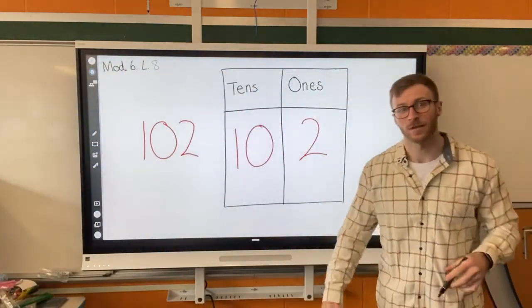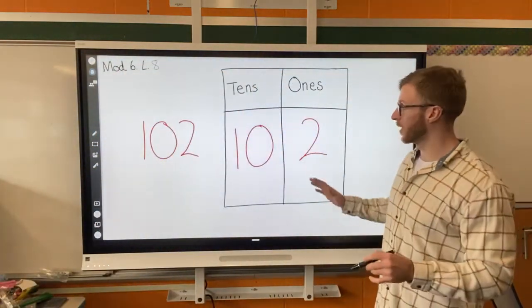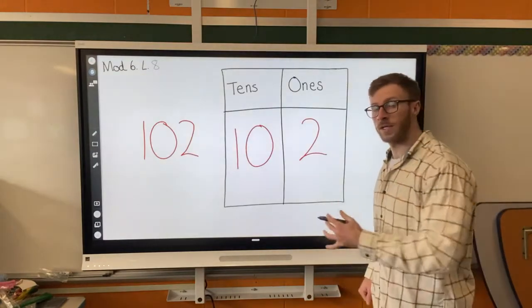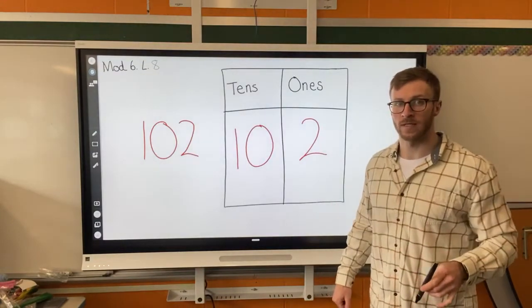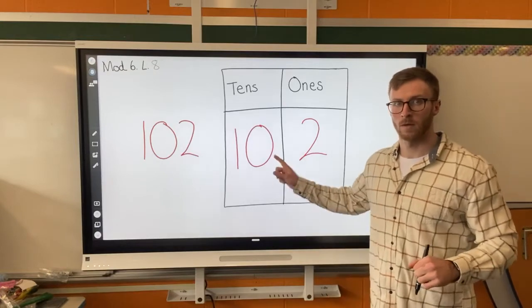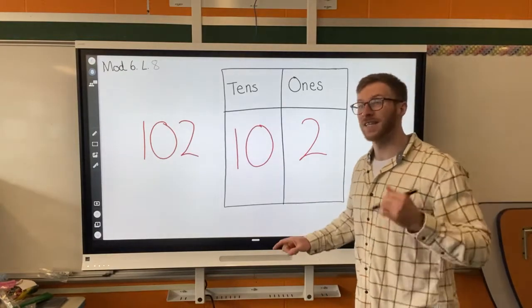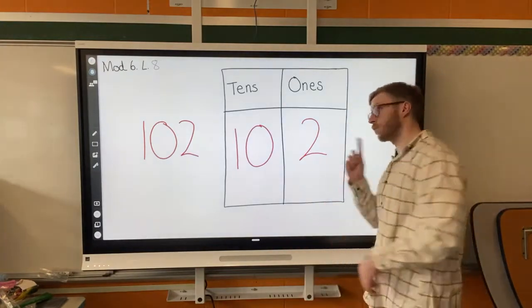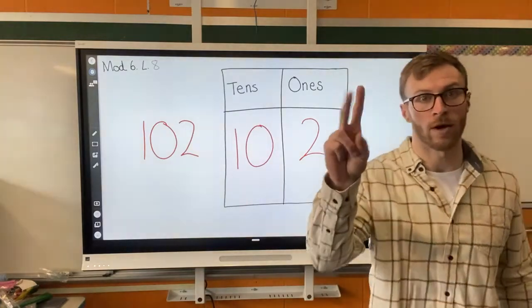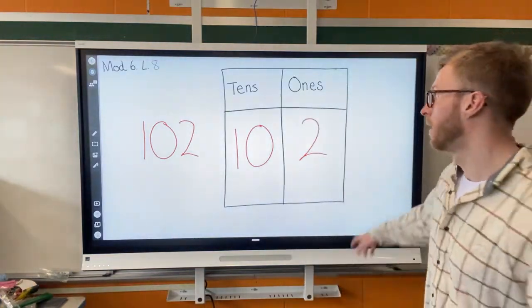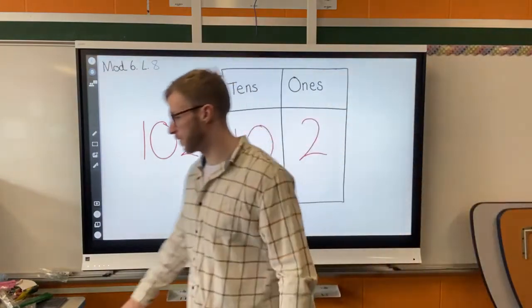Do I still have 10 groups of 10? Look at my chart. Look at our tens place. Do we still have a 10 in our tens place? Yes, we do. So we still have 10 groups of 10, because I only added 1 more. I had 1 extra 1. Now I have 2, so I only added 1 more. We have not made an extra group of 10 yet.